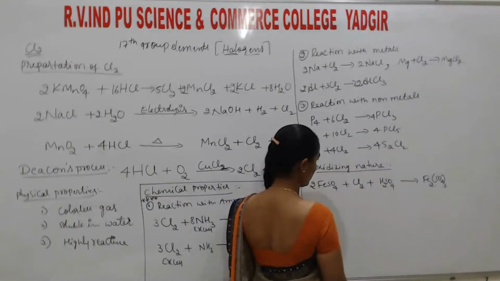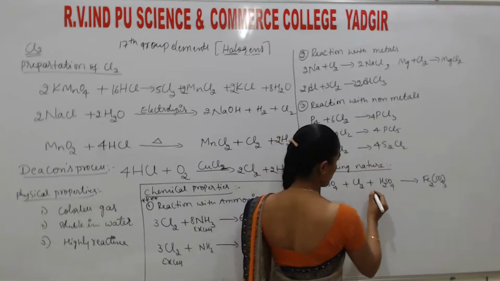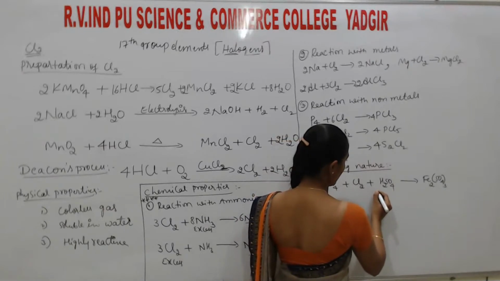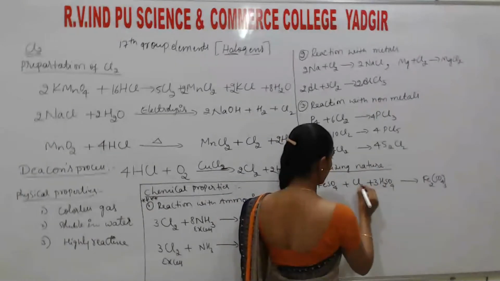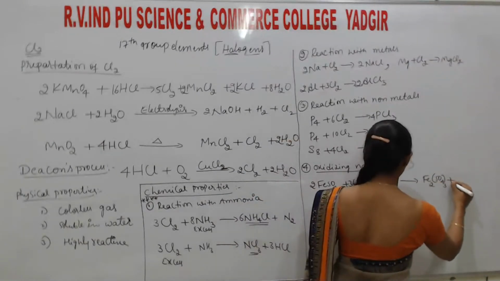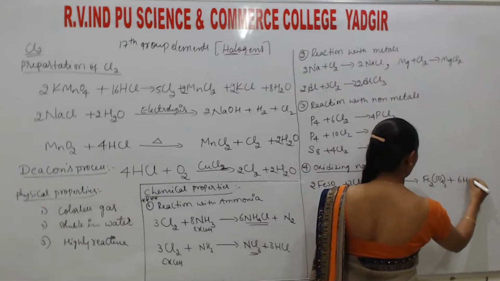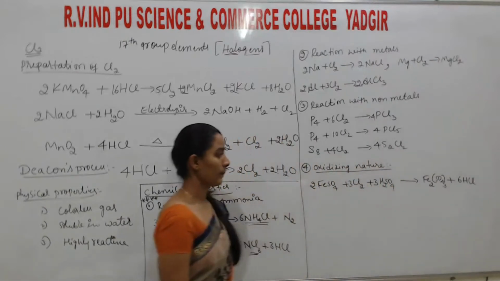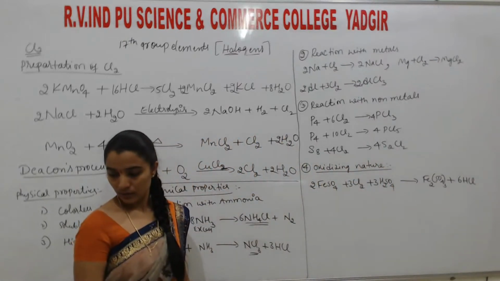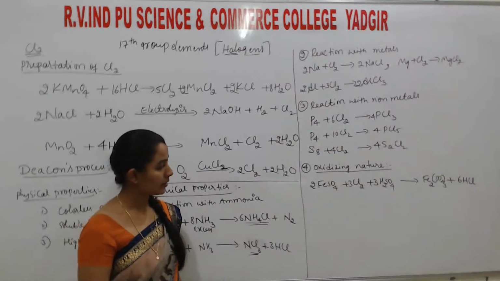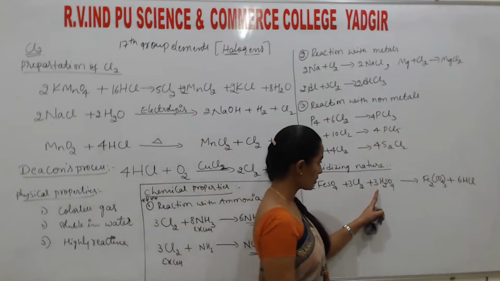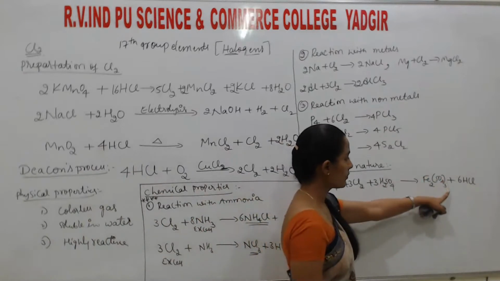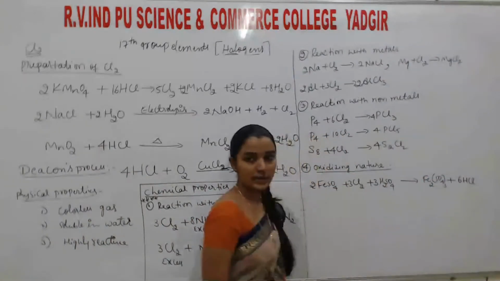This is 2 moles. This is 3 moles. This is 3 moles. Plus 6 HCl. Understand? So this is the answer: 2 FeSO4 plus 3 Cl2 plus 2 H2SO4 gives Fe2(SO4)3 plus 6 HCl.